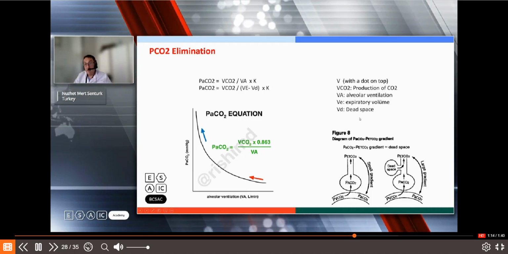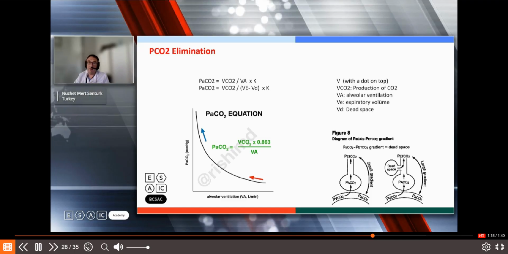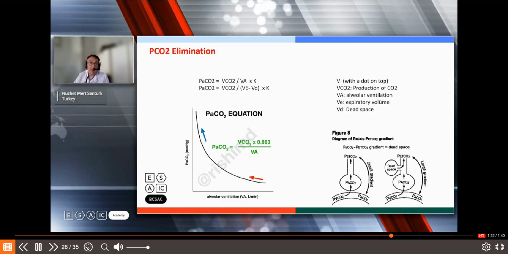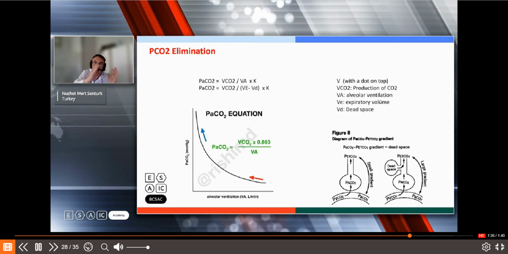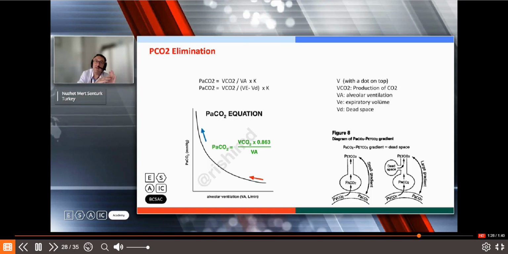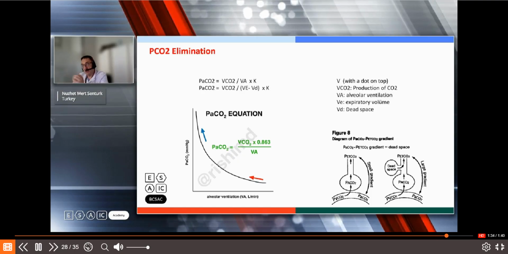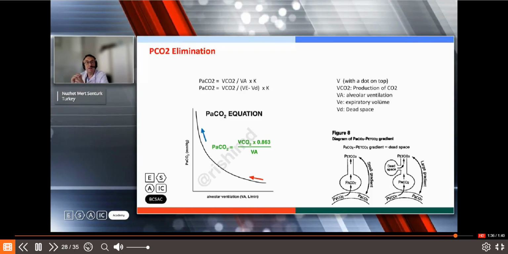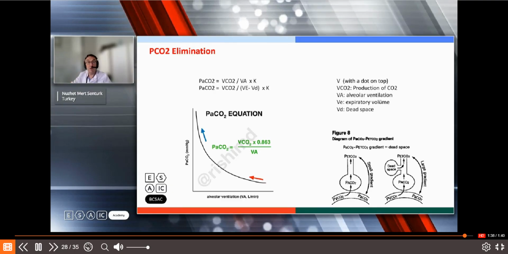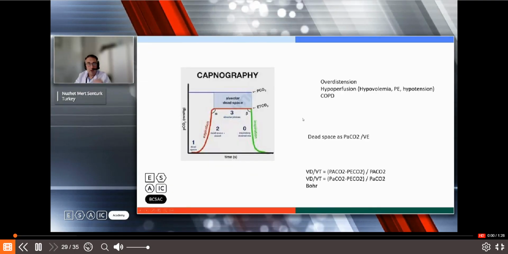And therefore, if we have a higher dead space in some cases, especially in COPD cases, the CO2 elimination would decrease. That means an increase in shunt is associated with hypoxemia, and an increase in dead space is generally associated with a decrease in PCO2 elimination.